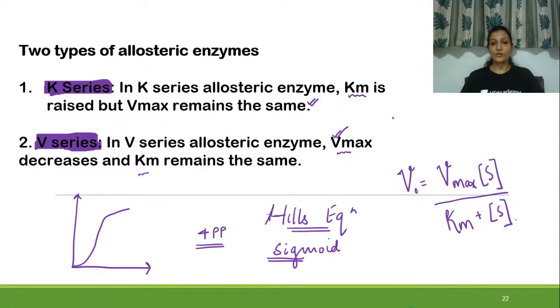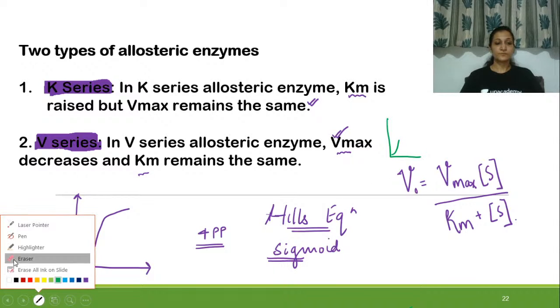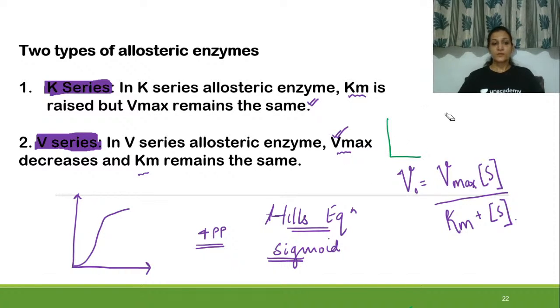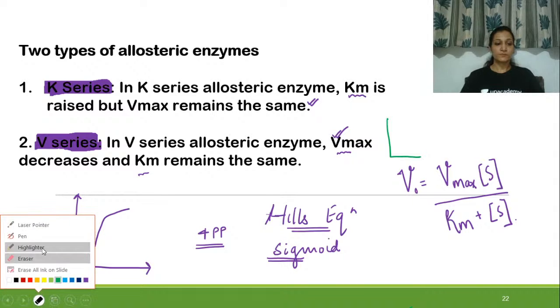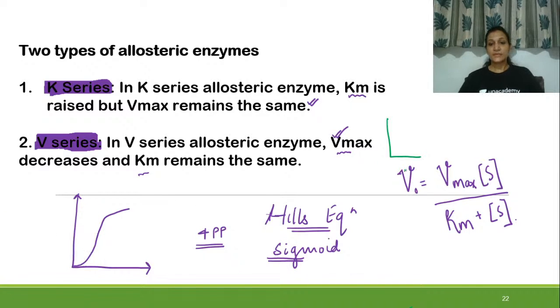Let's draw a small graph here. This is your normal Michaelis-Menten curve, and if Vmax is increasing, it means it's a positive modulator.